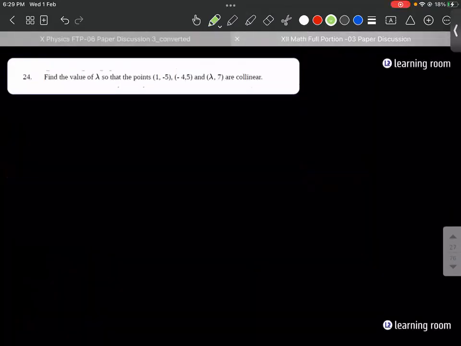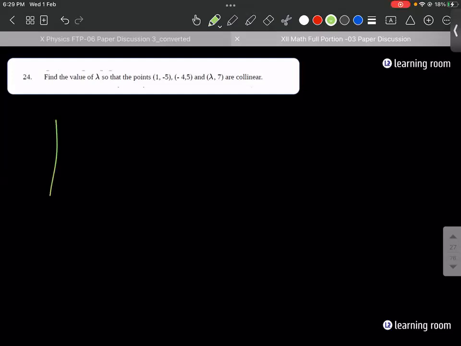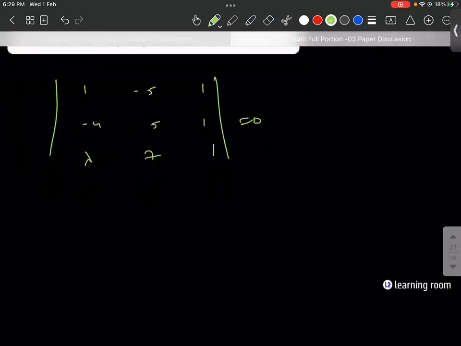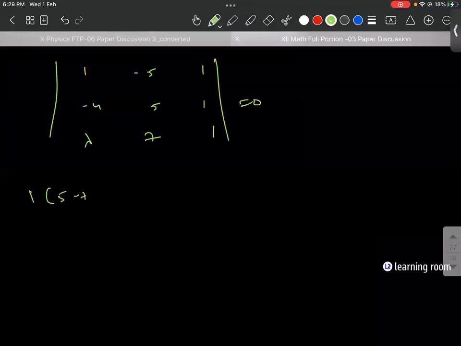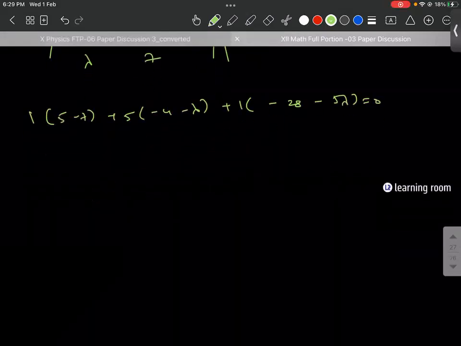Find the value of lambda so that the points are collinear. When the points are collinear, what can you say? The determinant of 1, minus 5, 1; minus 4, 5, 1; lambda, 7, 1 is equal to 0. So 1 into (5 minus 7) plus 5 into (minus 4 minus lambda) plus 1 into (minus 28 minus 5 lambda) is equal to 0.